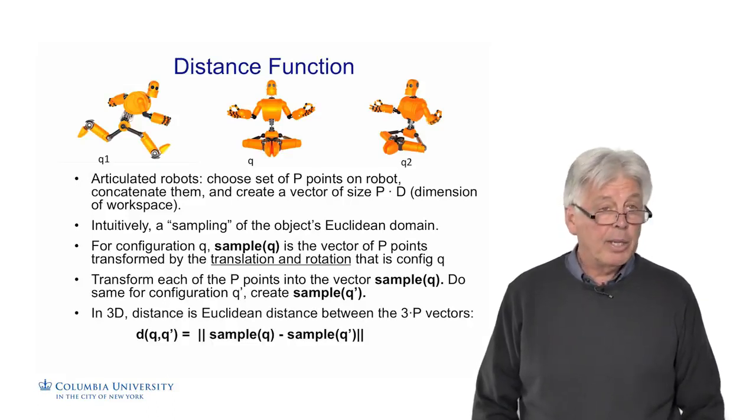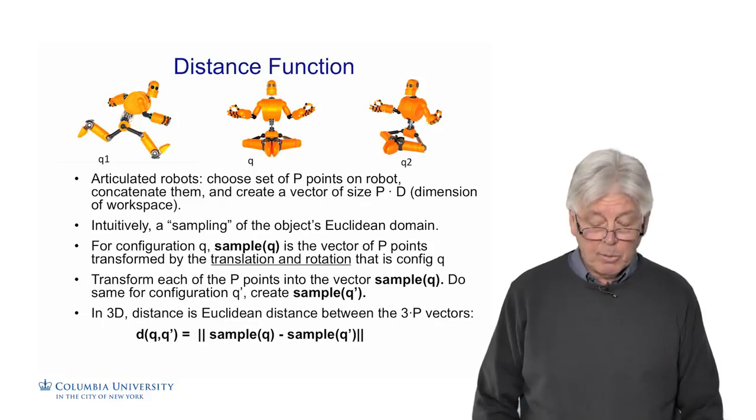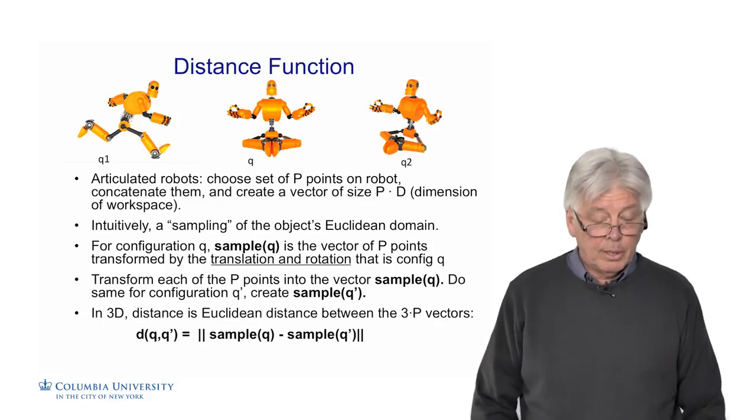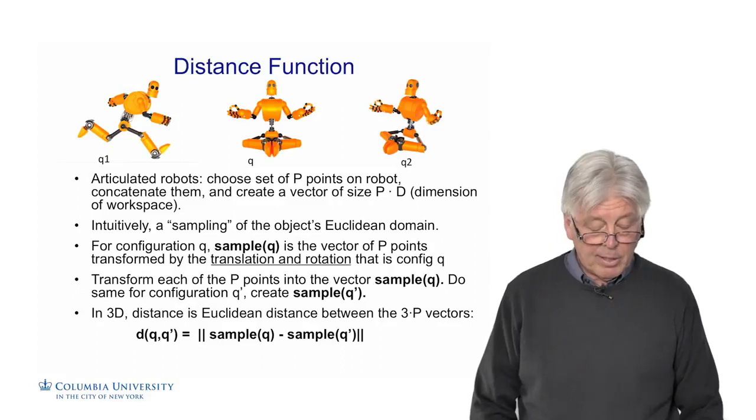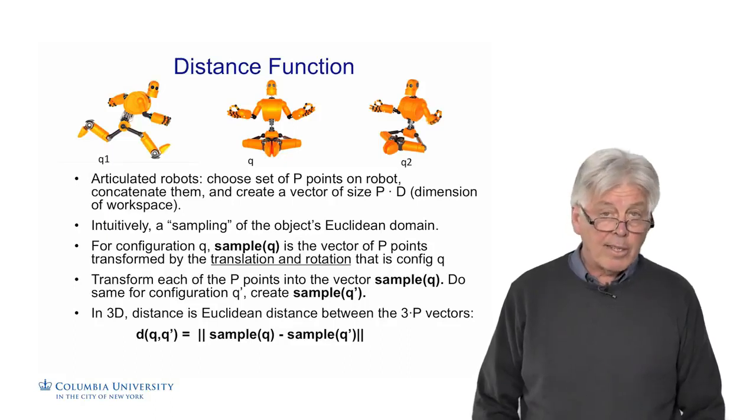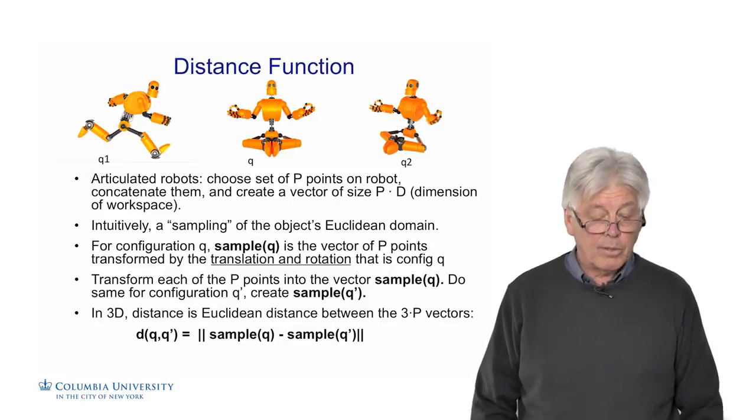From that we get a 3D distance, which is the Euclidean distance between the two p-vectors. We'll call that the distance between these two samples that have been transformed by their respective translations and rotations on the designated points which we've sampled on this articulated robot.